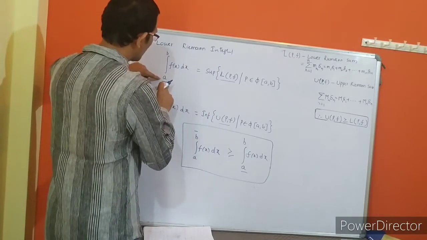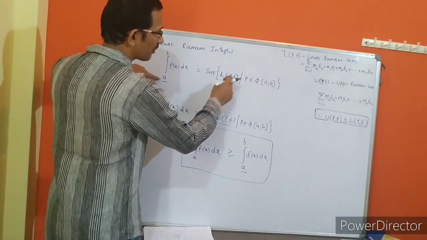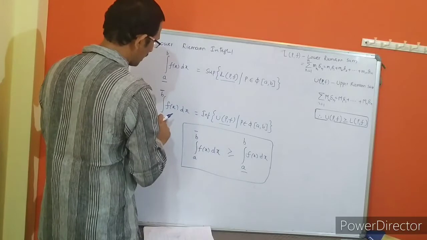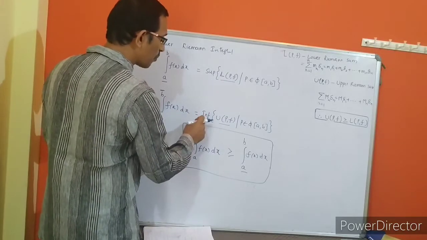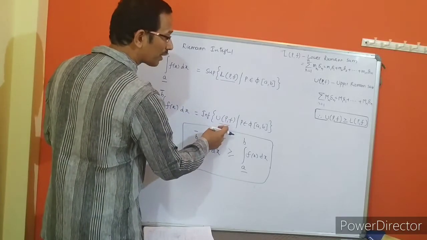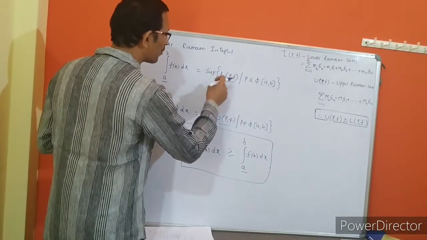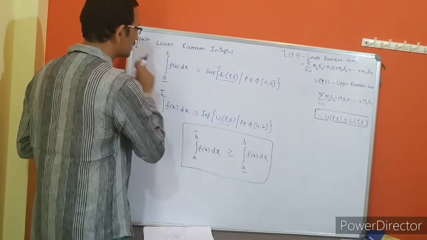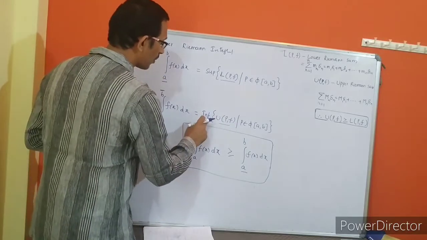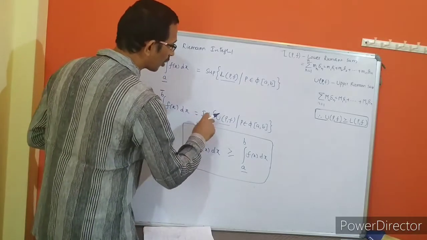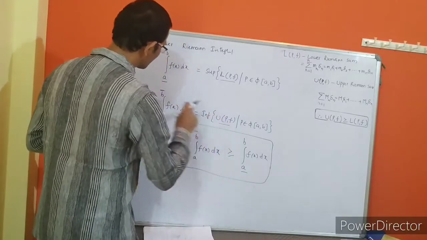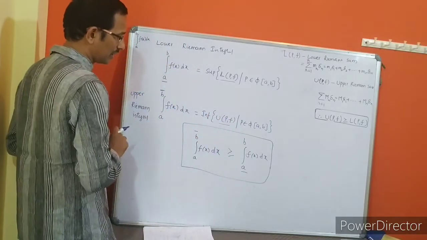Moreover, also remember this definition. The lower Riemann integral is the supremum of all lower Riemann sums, and the upper Riemann integral is the infimum of all upper Riemann sums. That means the maximum, or biggest, among all lower Riemann sums is the lower Riemann integral. The infimum, that is the smallest among all upper Riemann sums, is your upper Riemann integral.